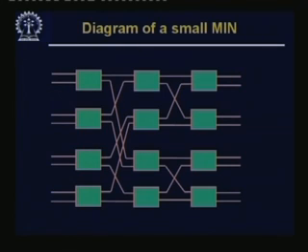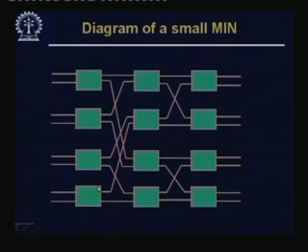This is just one example of a small multi-stage interconnection network. As you see, this is one stage, this is another stage, and this is the third stage. So, there are 3 stages over here, and each stage is broken up into small blocks. This is an 8 by 8 switch.